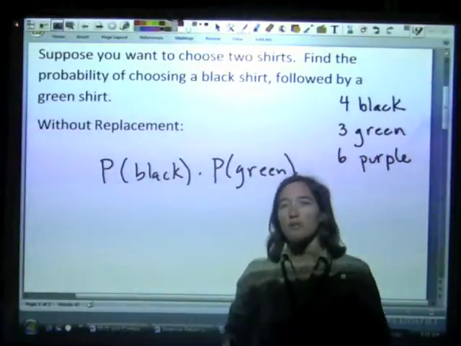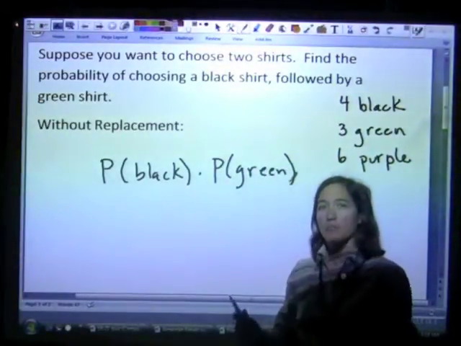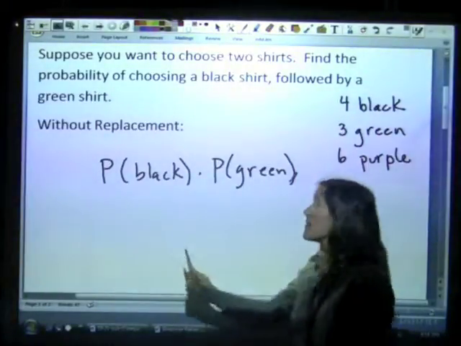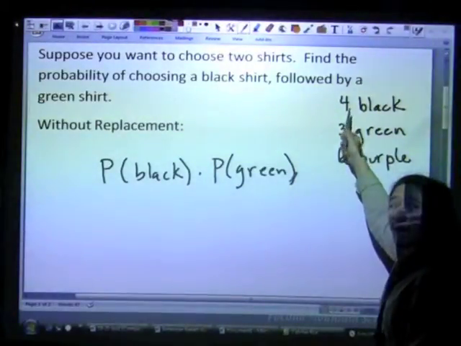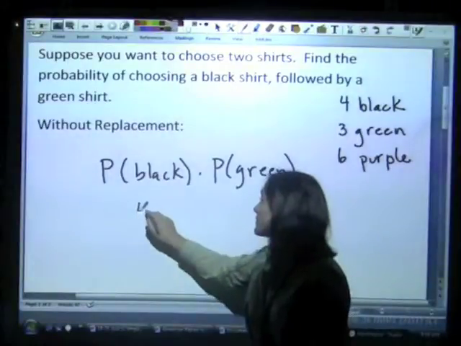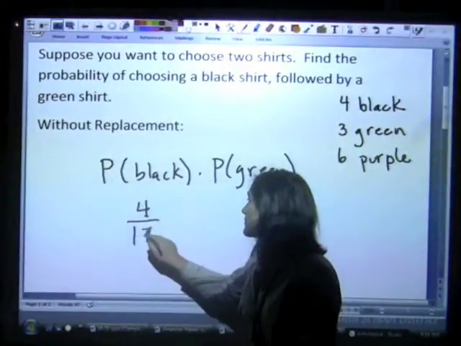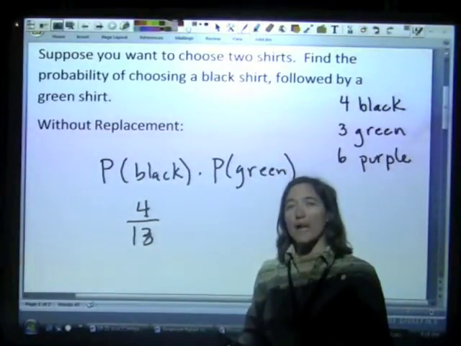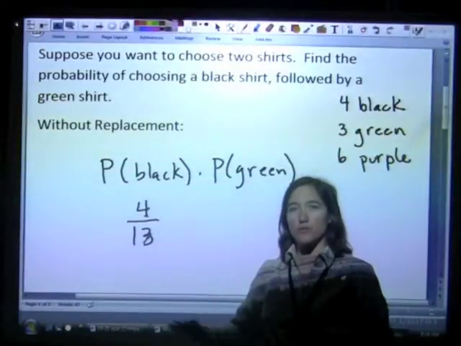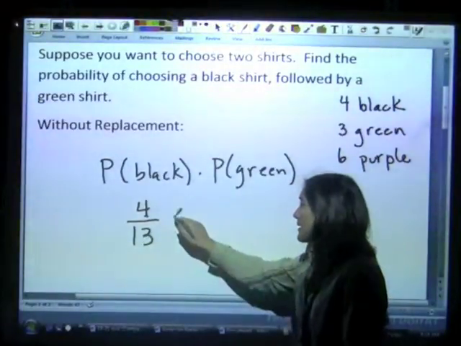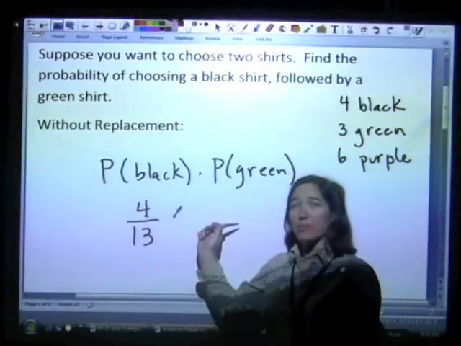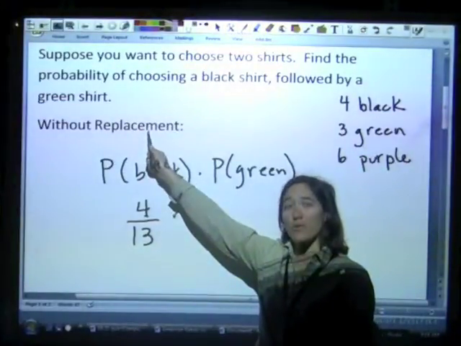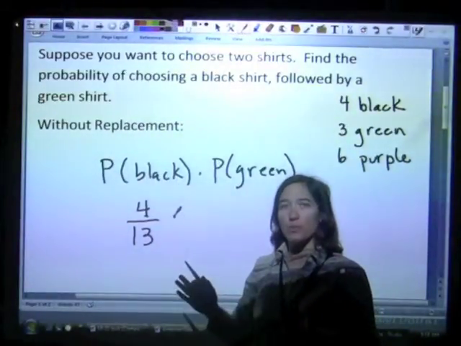The problem starts off in the exact same way. The probability of choosing a black shirt is still 4 out of 13, because there are 4 black shirts in the drawer and 13 shirts total. When we do the second part of the problem, that's when this without replacement becomes very important.